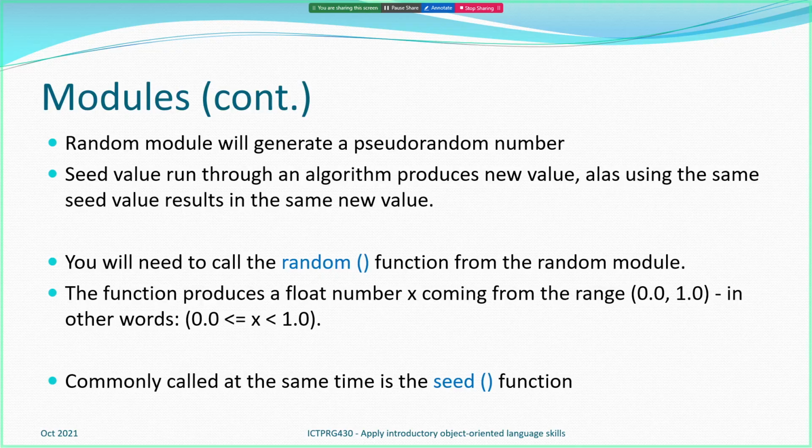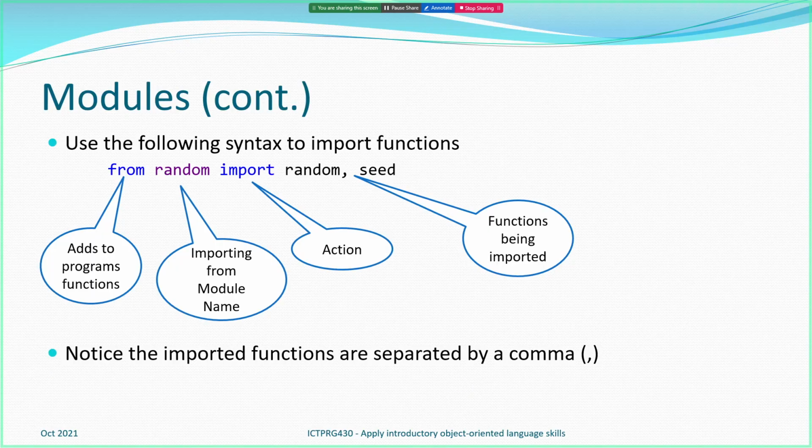Now, this number is a float between 0 and 1, and then it gives you a range. Now, there's some randomness in it because of the way it calls the seed. But you can actually stipulate where the seed comes from.